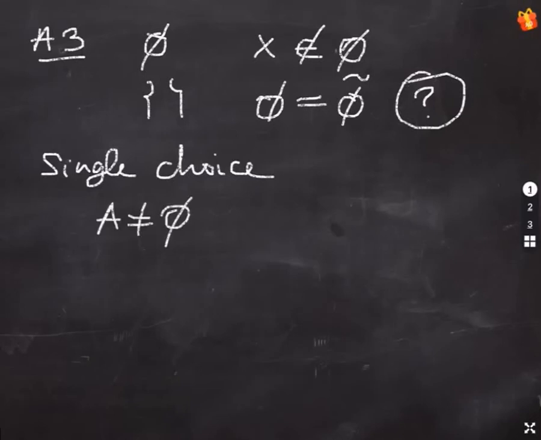So we have a non-empty set. Then there exists an object x such that x lies in A. How do you prove that? I'm going to leave that for you as well.